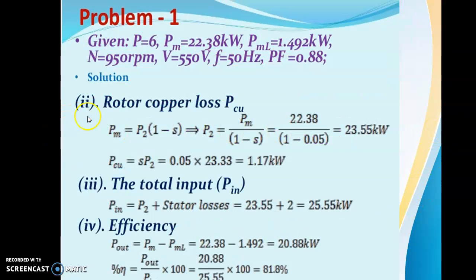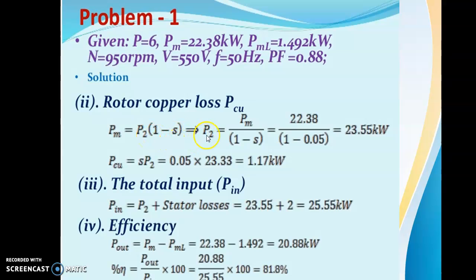Next, bit 2 is to calculate the rotor copper loss, that is PCU. We know the formula for rotor copper loss PCU is S into P2. Slip S is already calculated in the first bit, but P2 is to be calculated. See students, in the question we have PM, but we have to calculate P2. We know there is a relationship between PM and P2, that is PM equals 1 minus S into P2.